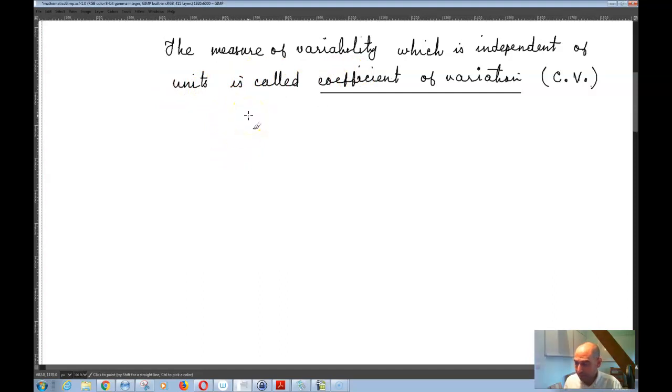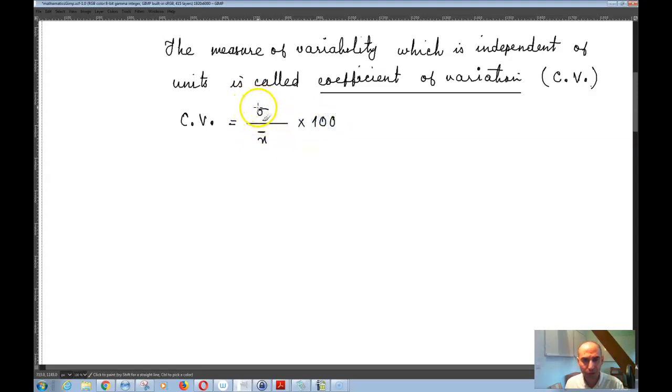Now, they have defined the coefficient of variation as follows: sigma, which is your standard deviation, divided by x bar, which is the mean of the data, times 100.